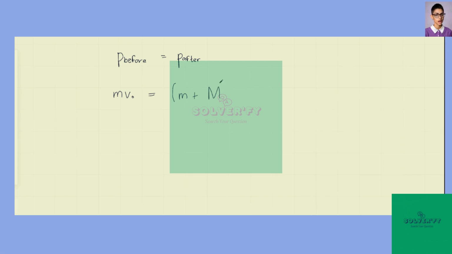The bullet is embedded in the block, so it has total mass m plus capital M, where capital M is the mass of the block, times the maximum speed of the oscillations v max. This means that this maximum speed of oscillation v max is equal to m over m plus capital M times v0.